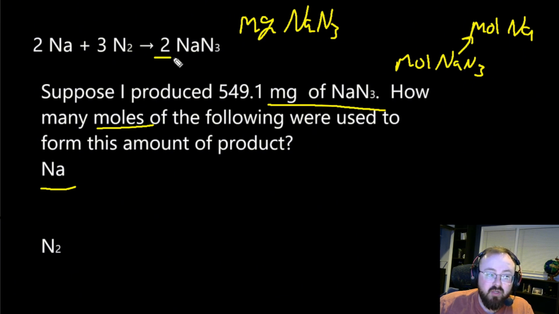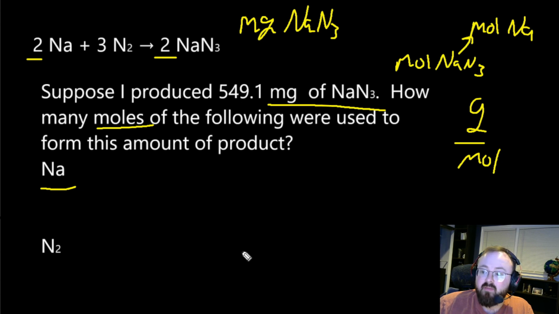Because we have a reaction and because we have these coefficients. But we cannot yet go from milligrams of NaN3 to moles of NaN3. Because every time that I talked about my toolbox, I talked about a molar mass. And the unit of a molar mass is grams per mole.